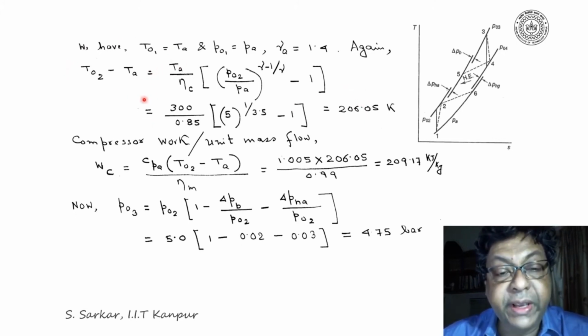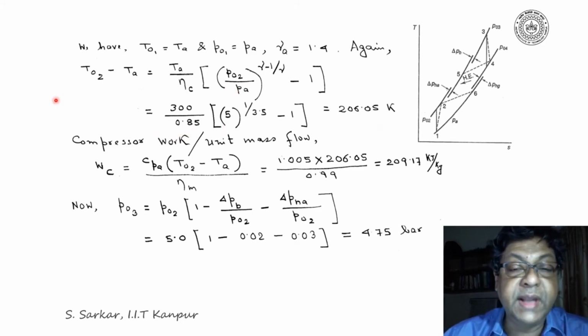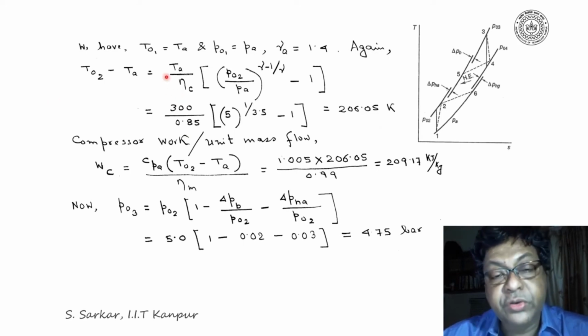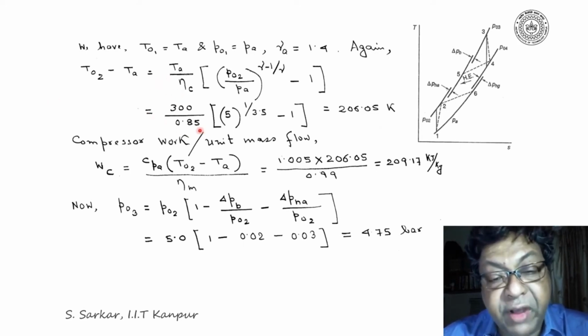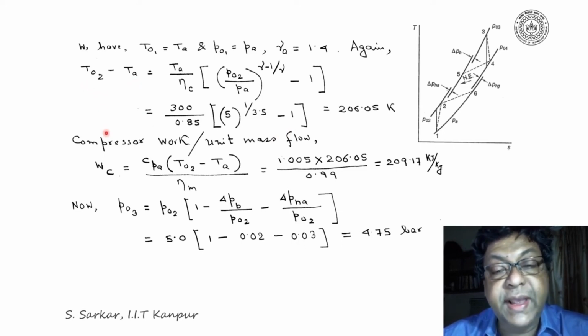Now here TA is 300, eta C is 0.85, pressure ratio is 5 and gamma is 1.4. So if I substitute all the values, then T02 minus TA would be equal to 206.05.